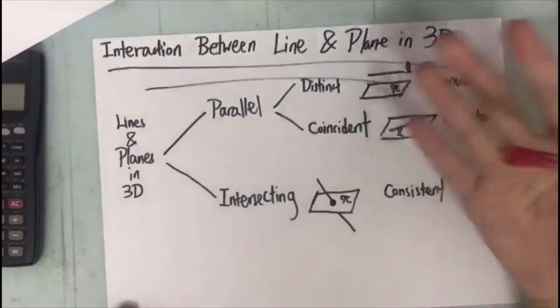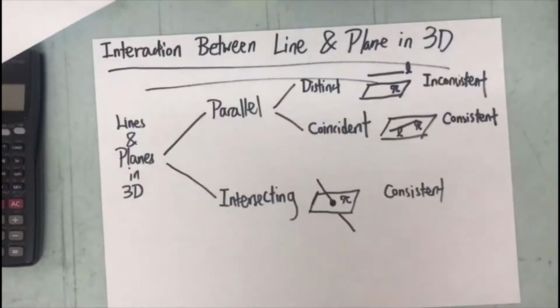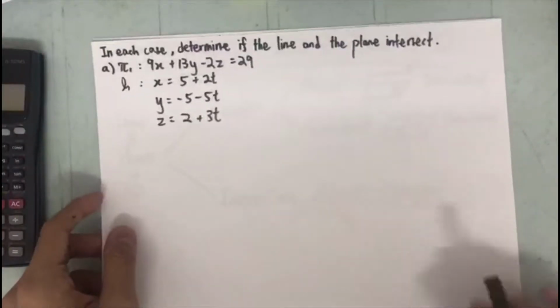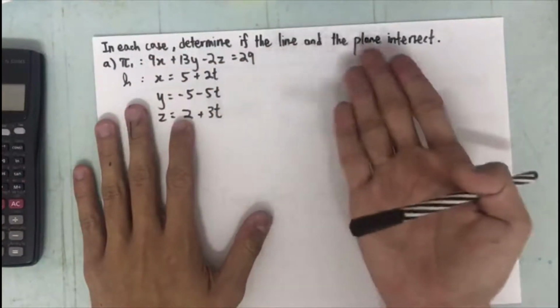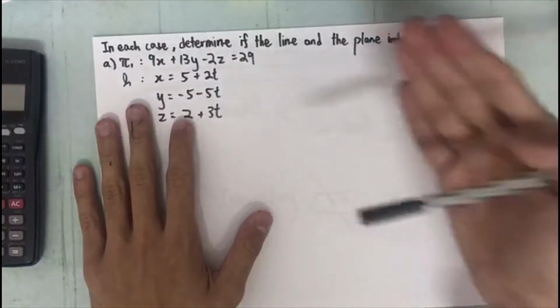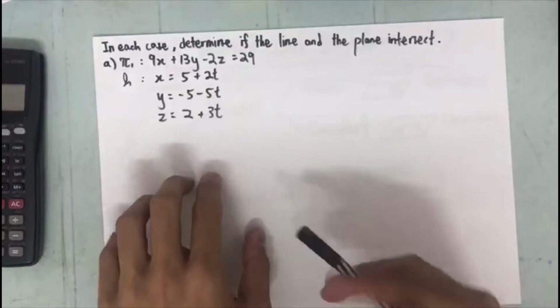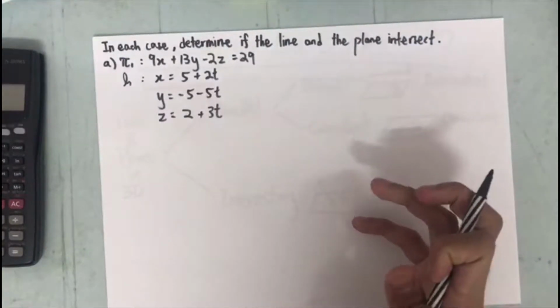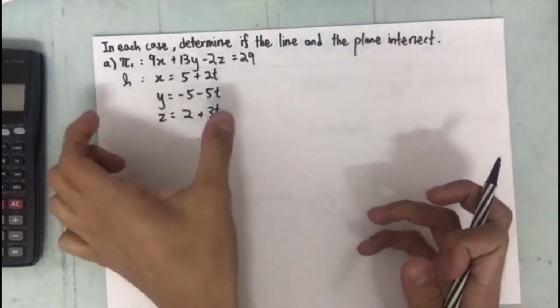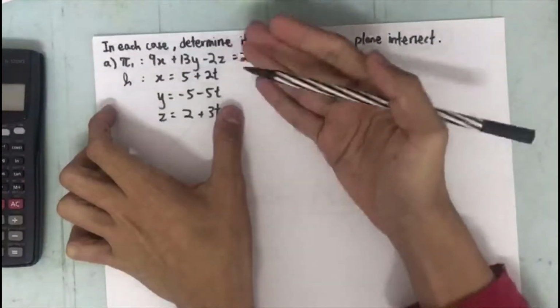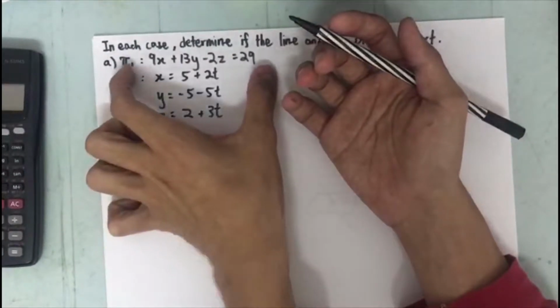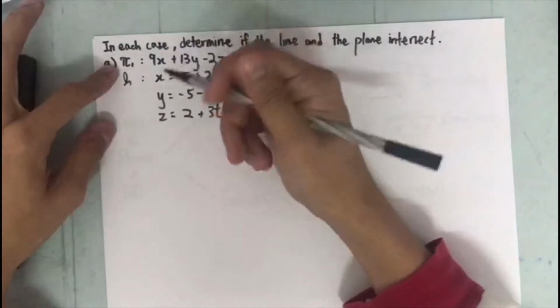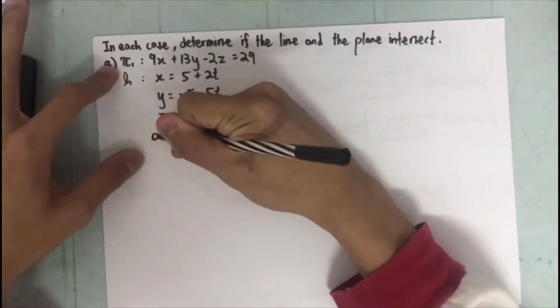After this geometric discussion, we can now finally solve problems. Look at this problem. In each case, determine if the line and the plane intersect. Once you see this question, you will need to assume they both intersect and you substitute the parametric equation into the scalar equation of the plane, which means like that.